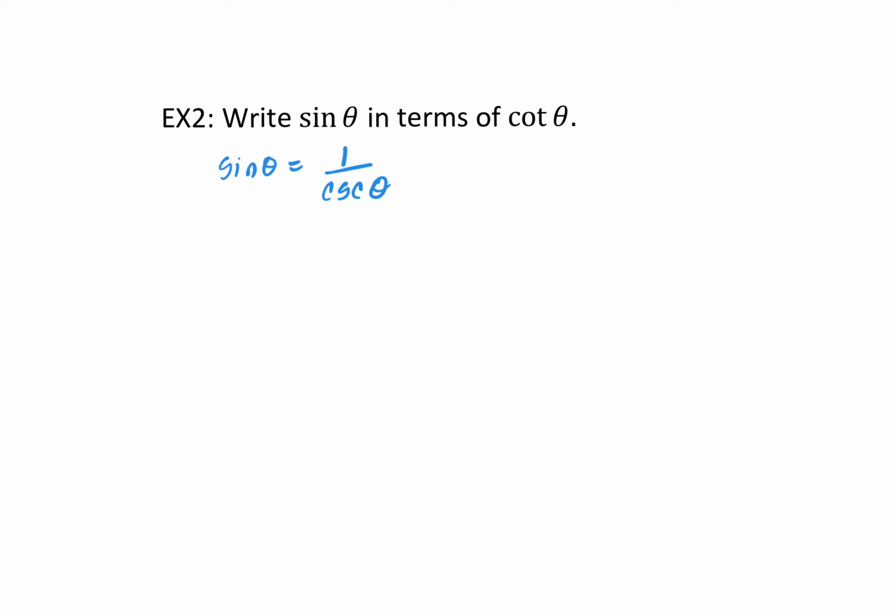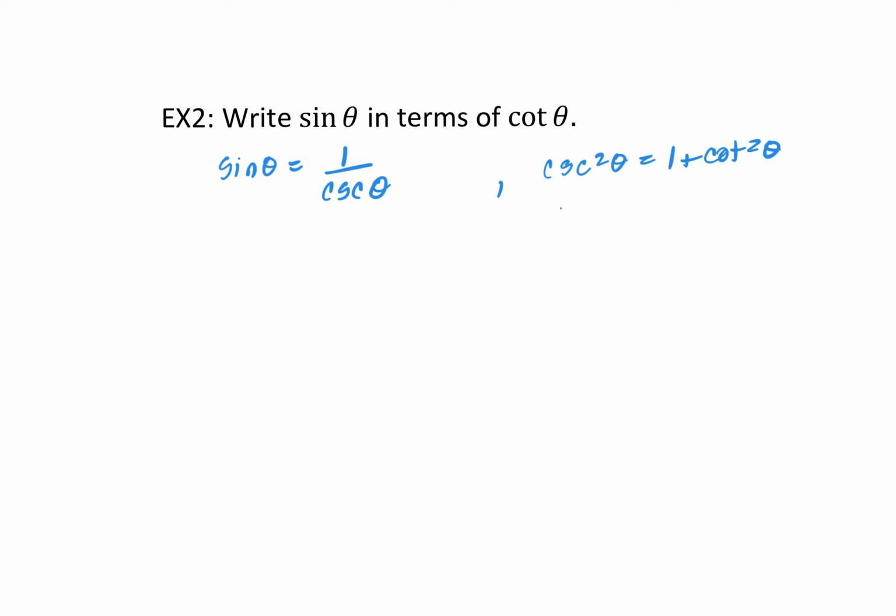Because I know by that Pythagorean identity that I have 1 plus cotangent squared is equal to cosecant squared. Or in other words, cosecant squared of theta is equal to 1 plus cotangent squared theta. And the only reason why I'm doing that is because I now want to replace that cosecant in the denominator with something with cotangent.